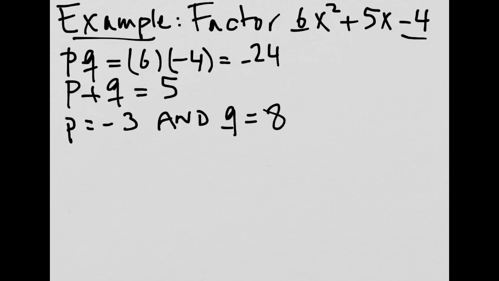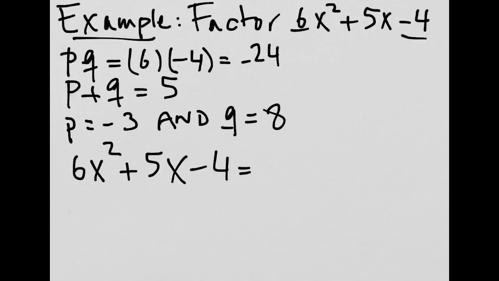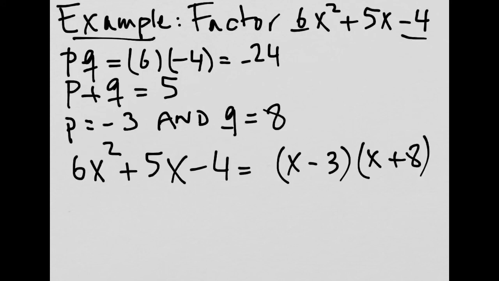With that in mind, now we have 6x squared plus 5x minus 4. This is equal to x minus 3, x plus 8.